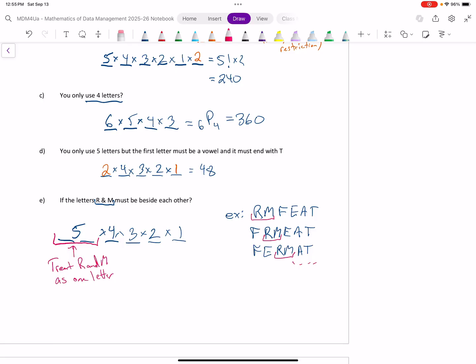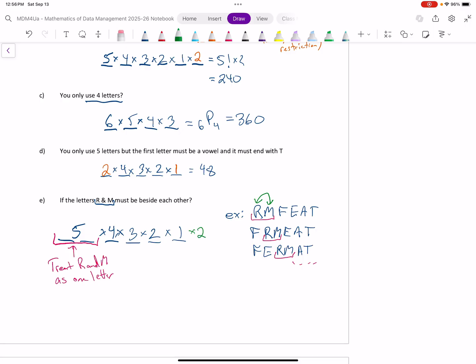And so it's not quite the final answer. And this one, if you got this, that's amazing. But if you didn't, I wouldn't worry. Once you see it the first time, it'll make sense. Instead of being R and M, I could switch them. And so I could have M and then R. So what that does is it doubles all of the number of arrangements.